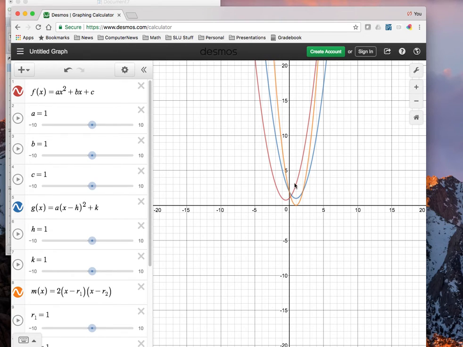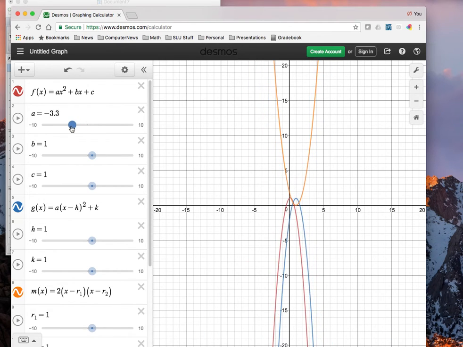This gives me 3 forms, so that if I pick an interesting parabola like a is minus 3, x squared plus 6x, I want it to actually intersect, so I'm going to say plus 4.